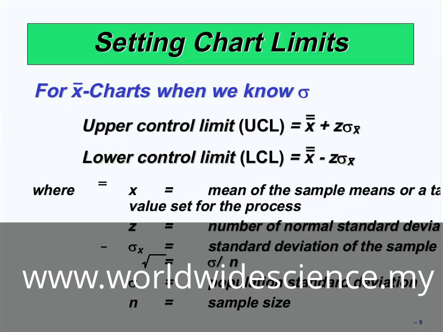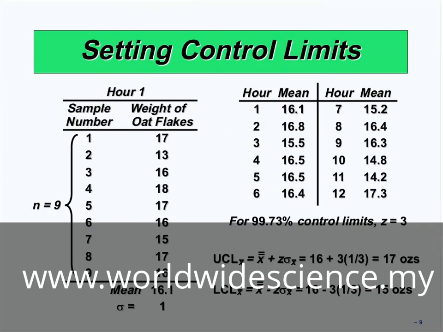N is 9. Radical 9 gives you 3. So 1 divided by 3, as you see, has been written in the parentheses. 16 plus 3 multiplied by 1 divided by 3 equals 17. 16 minus 3 multiplied by 1 divided by 3 gives you 15. The range of the x bar chart has been calculated now: 15 and 17. Now we should draw the chart.